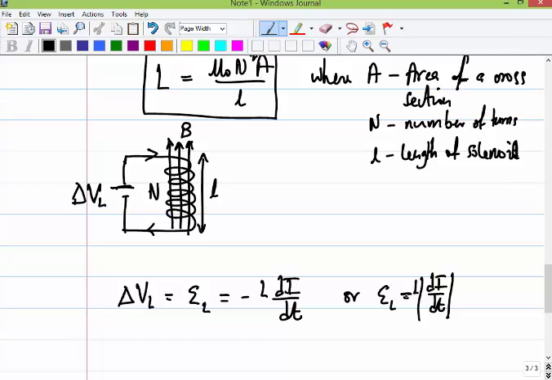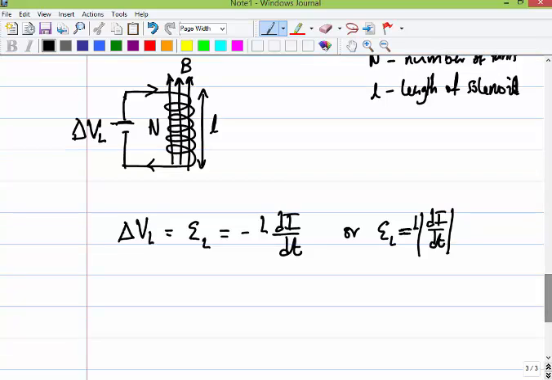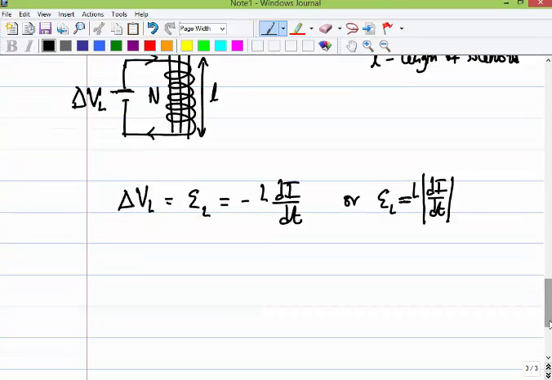So you can use the absolute value also the same way. Let me write it nicer. So this is L, and this is absolute value, okay? Questions on this at this point?